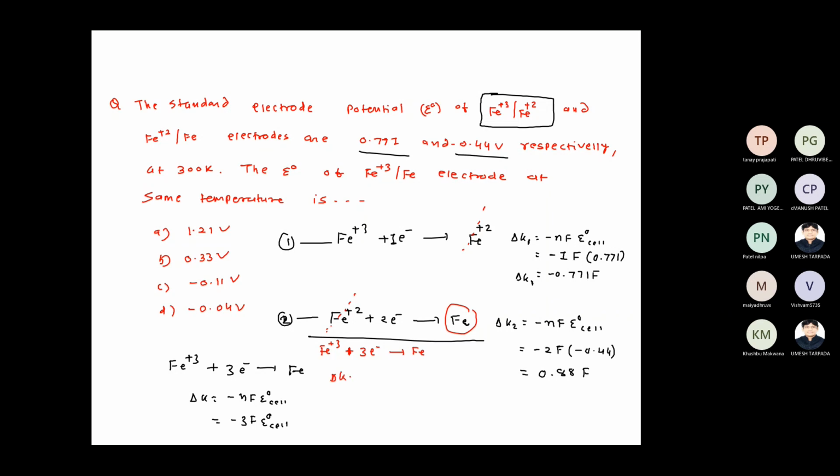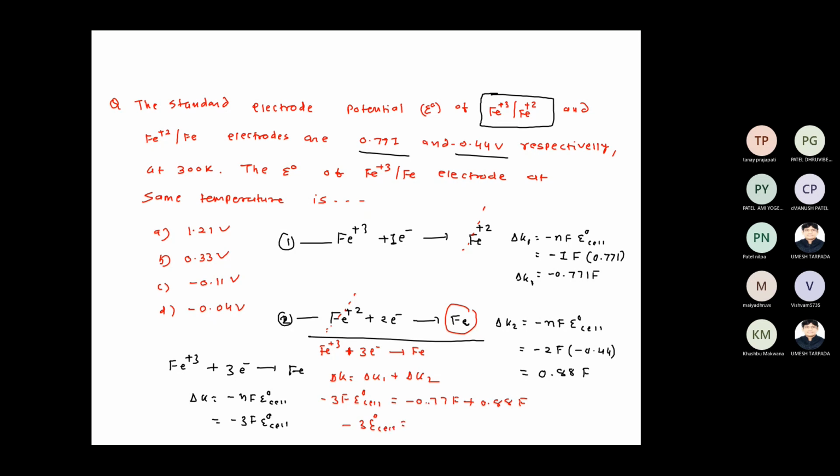So delta G is equal to delta G1 plus delta G2. Delta G is nothing but minus 3F E cell is equal to delta G1, minus 0.77F, delta G2 is 0.88F. So overall F is cancelled on both sides.